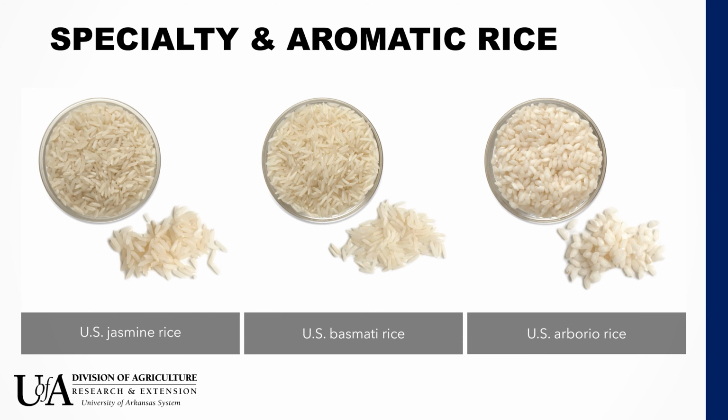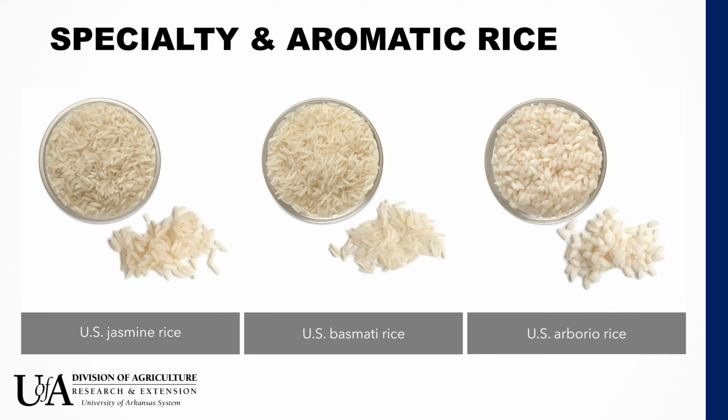The first category I want to describe is the US jasmine, which is an aromatic long-grain rice with a 3:1 length-to-width ratio. It has a distinct flavor. The jasmine type of popcorn aroma is attributed to a much higher proportion of a naturally occurring compound in this particular type of rice.